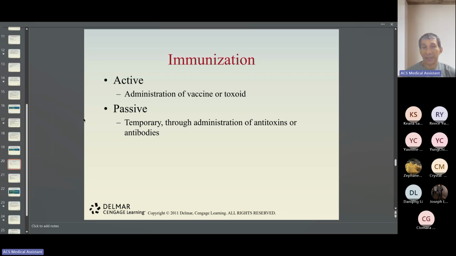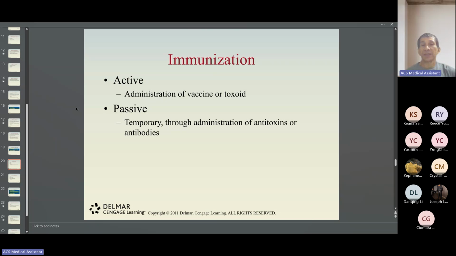So we're creating that immunity as well. So once again, we are creating those antibodies in your body. So whenever the disease shows up, they are going to be recognized.